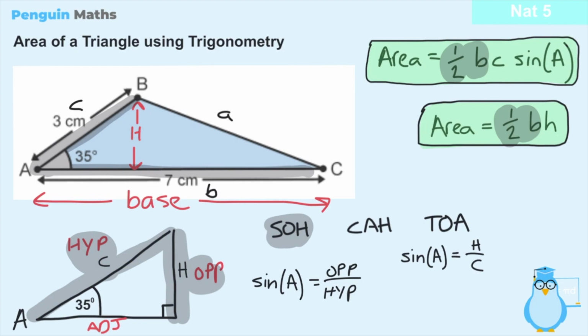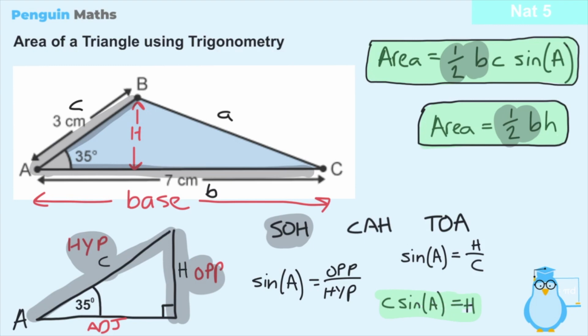To get that by itself, what we have to do then is take the C over to the other side, and because it's dividing on the right hand side, when we take it over, it's going to be multiplying. So that means we can say then that C multiplied by the sine of A is equal to H.